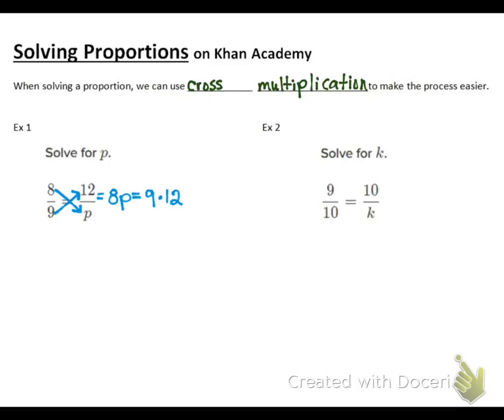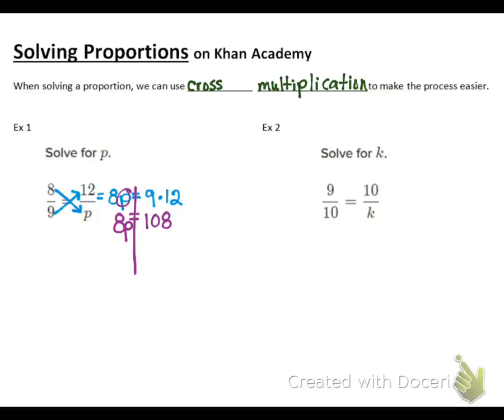The first thing I need to do is find 9 times 12. I know it's in the hundreds, but let's use a calculator. I'm dropping down my 8p because I can't do anything with that. But I'm going to find out what 9 times 12 is. Say it again. 108.